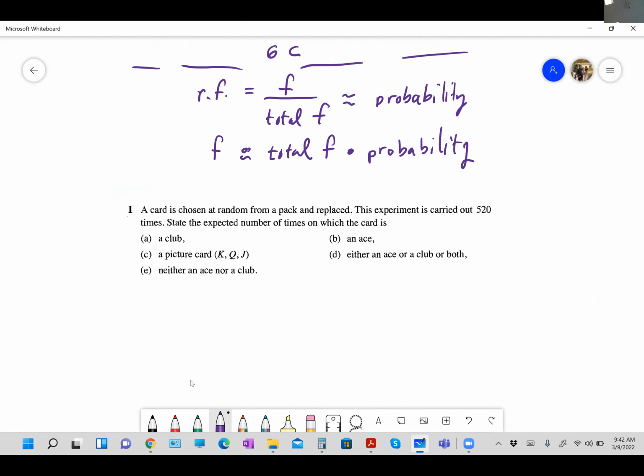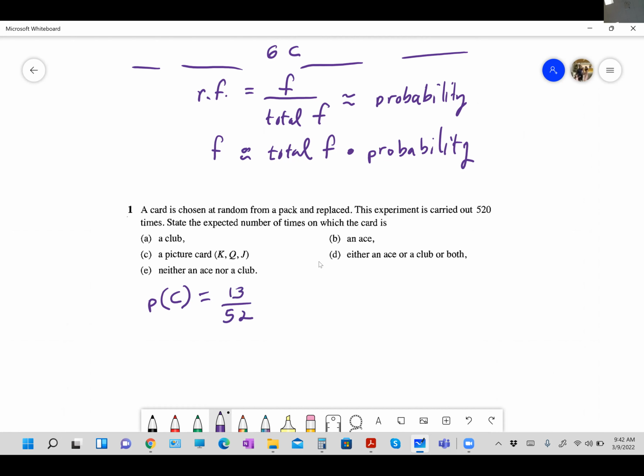So what's the probability of a club? How many clubs do we have? 13 clubs. Remember, you have a 2 of clubs, a 3 of clubs, a 4 up to 10. You have a J, a Q, a K, and an A of clubs. That makes 13. 13 out of 52.